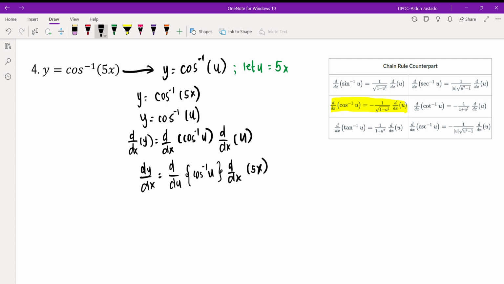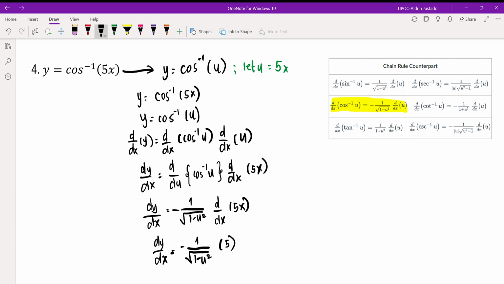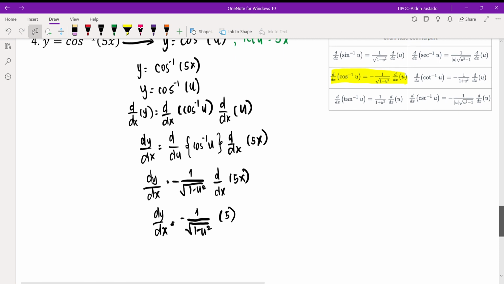So, applying our chain rule counterpart, arc cosine u is equal to negative 1 divided by square root of 1 minus u squared times the derivative of your u, which is your 5x. dy over dx is equal to negative 1 over square root of 1 minus u squared times 5. Derivative of 5x is 5. Okay?